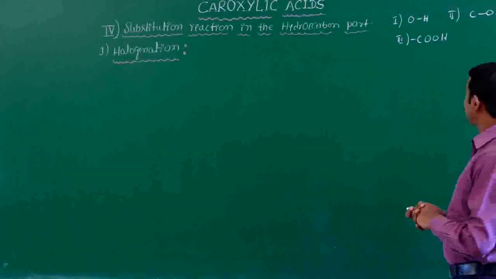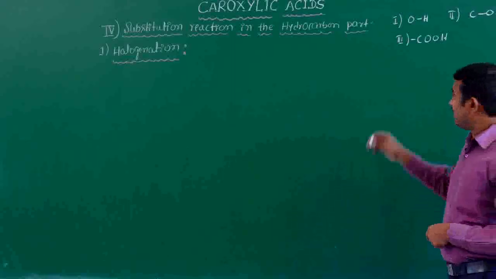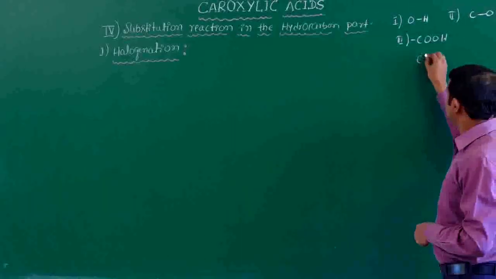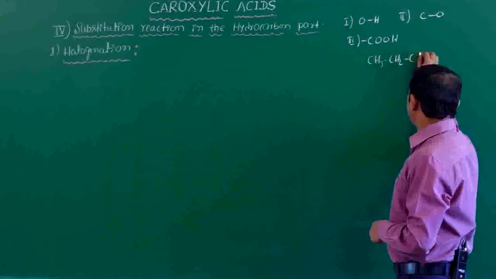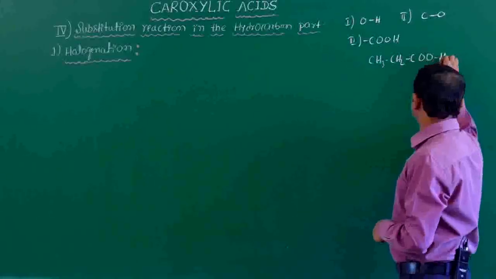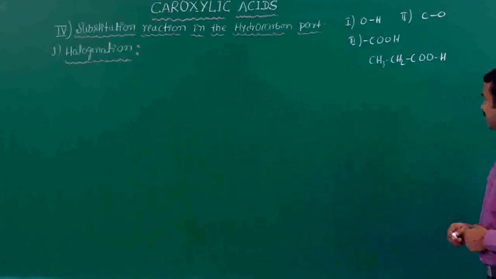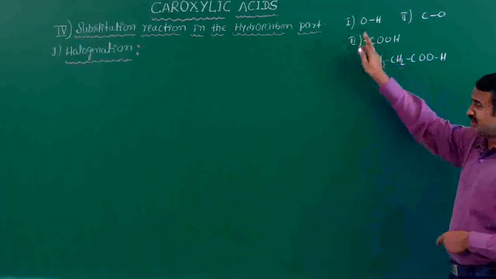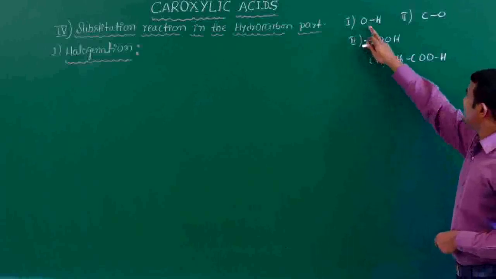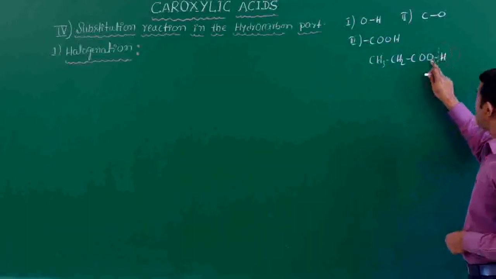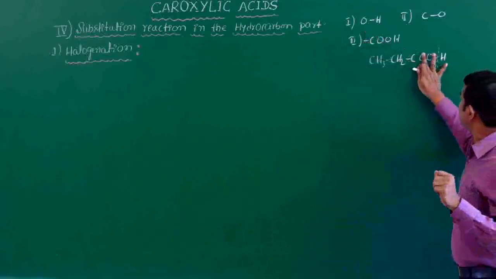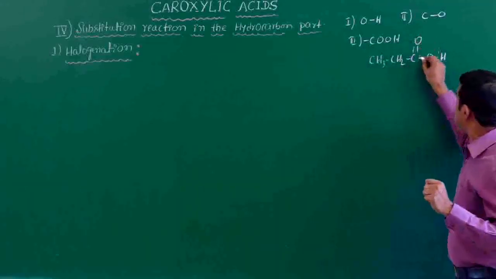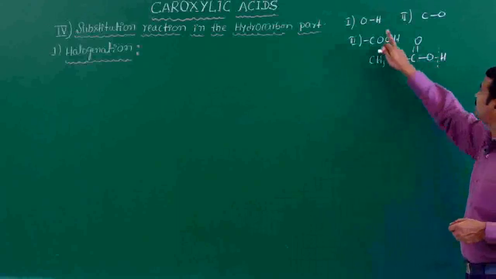Listen carefully. Here the carboxylic acid, CH3CH2COOH. The first factor, here reaction involving is only the oxygen and hydrogen bond. The second factor is a reaction involving carbon and oxygen.